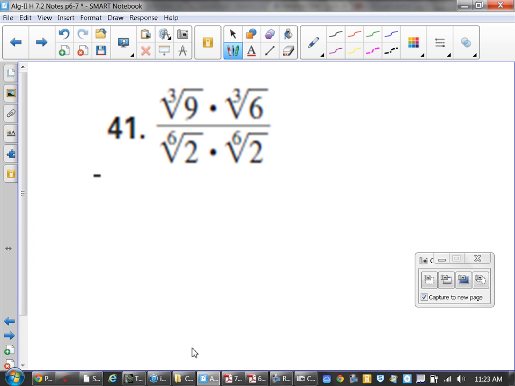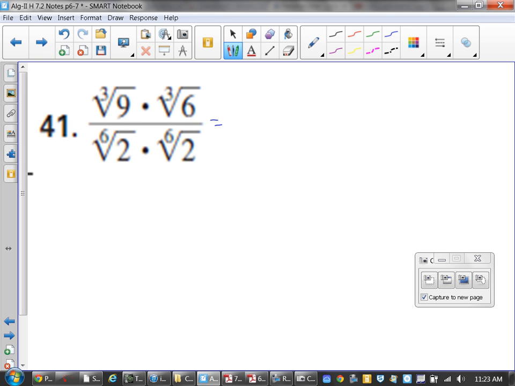In this one, do you all agree that the numerators can be multiplied together and denominators can be multiplied together? Yeah. Okay. So I get the cube root of 54 over the 6th root of 4. Now your goal here is to try to get them into the same base.